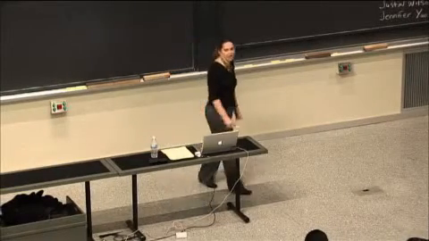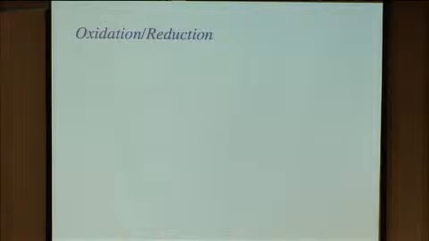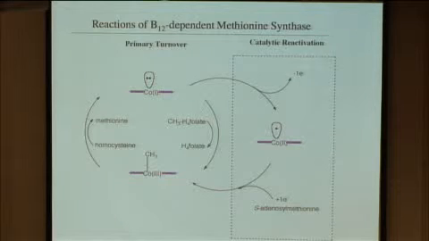All right, well, what about oxidation reduction? This enzyme does a lot of different oxidation reduction reactions. When it reacts with homocysteine to form methionine, the vitamin B12, which is shown in a cartoon form down here, goes from a +3 state that has the methyl associated.